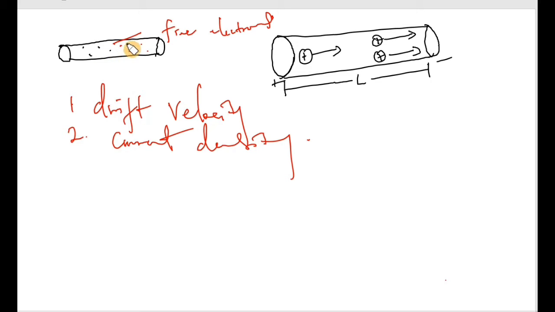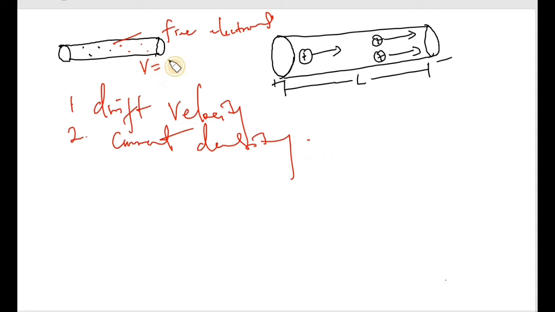Free electrons move in different directions when there is no potential difference between the ends of this conductor. So you notice that there will be random motions, and the overall velocity in this conductor cancels out.